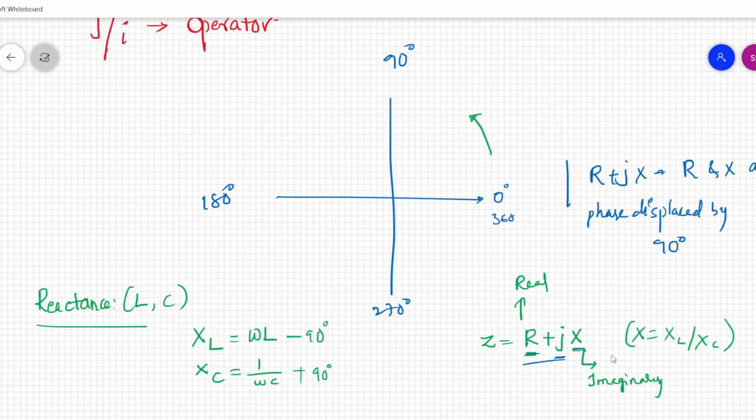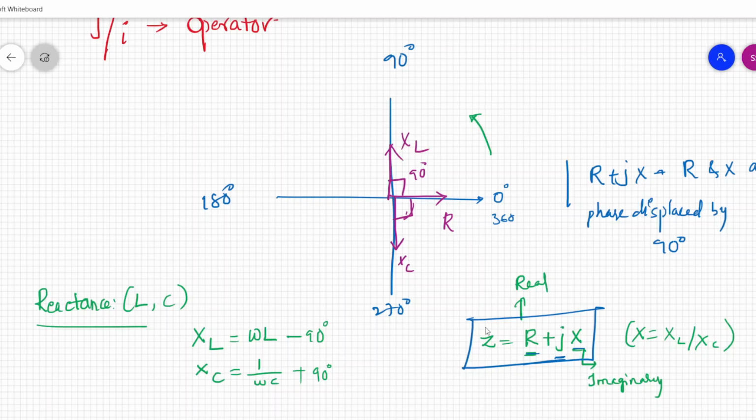So this is the understanding from this j operator. Okay, so if R is on the 0 reference angle, then X will be in quadrature with this R, that is X will be at 90 degrees. It can be leading or it can be lagging. If it is lagging, that will be XC, and if it is leading, that will be XL. Okay, so this is the j operator.